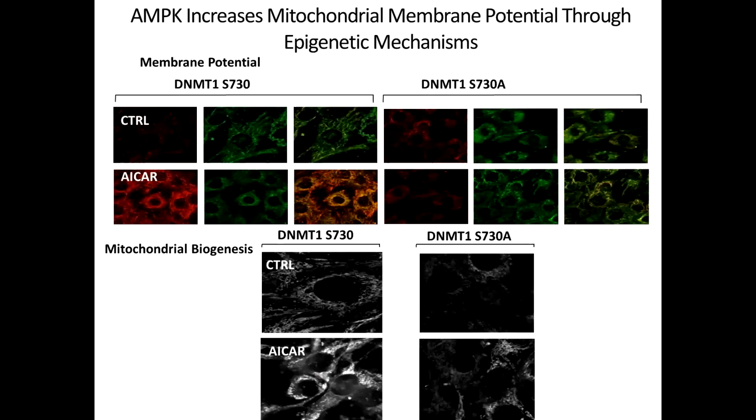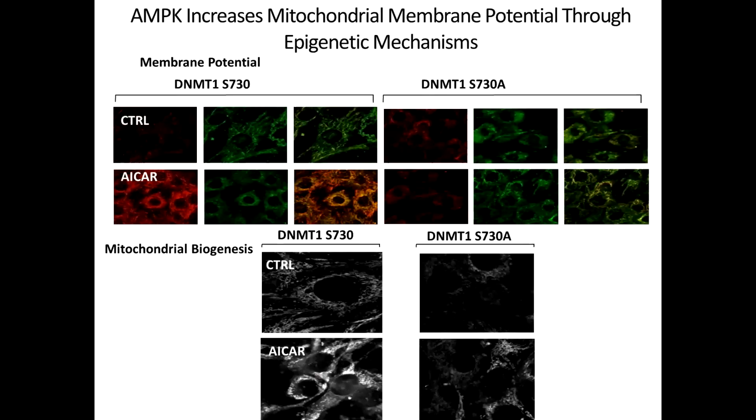Now remember, DNMT1 is an enzyme that takes methyl groups off of promoters. If we're taking the methyl groups off of the promoters, then we will have an increase in transcription of those respective genes. Well, we wanted to see if AMPK, which is a kinase, meaning it phosphorylates things, when it phosphorylates DNMT1 to inhibit it, will it stop putting those methyl groups on the promoter?